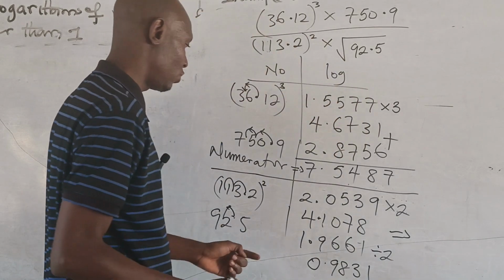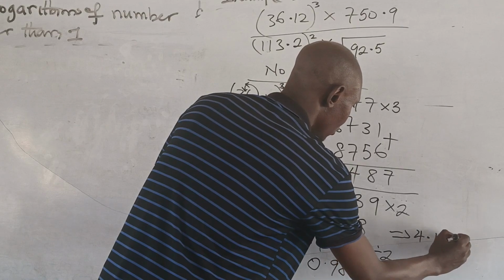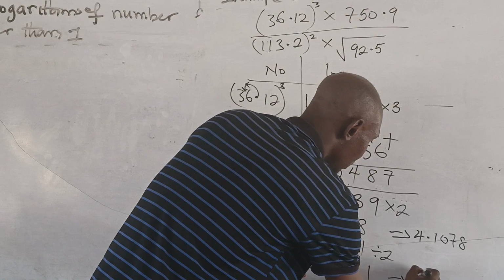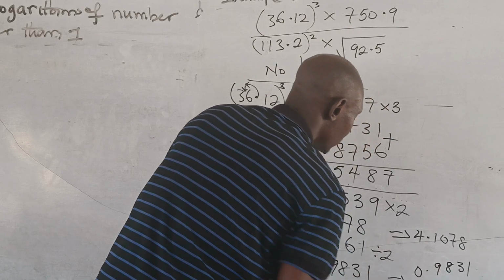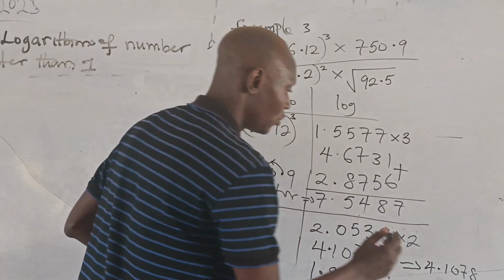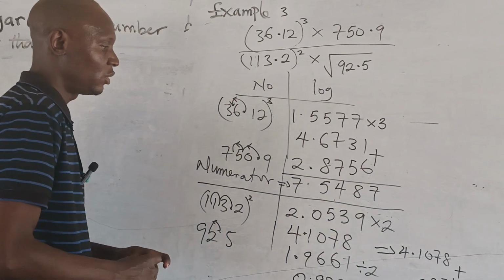So here, we are going to bring this out, that is 4.1078. Then bring this out, 0.9831. Now, because of this multiplication, we are going to add them.